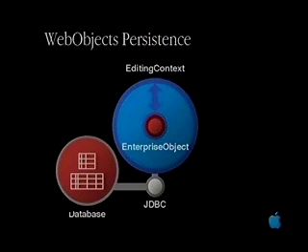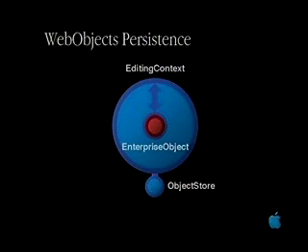You'll see in WebObjects 5 for Java that JDBC is the driver. So this is very analogous in that respect to the container. It's worth pointing out here, I'm simplifying things, but actually it isn't the editing context that communicates with the database. The editing context communicates with something called an object store. The editing context is itself a kind of object store, but object store is our general paradigm for persistence.